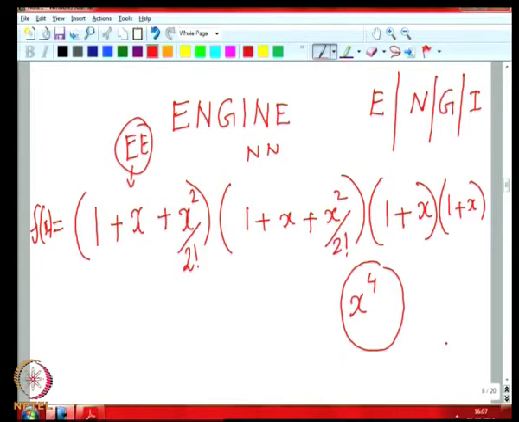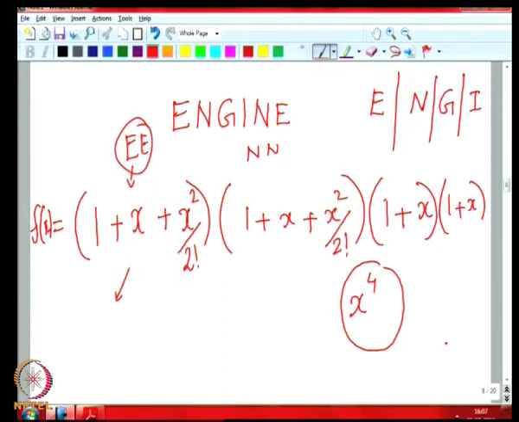So, what are the possible ways to get x raised to 4? Definitely we have to select something from here, something from here, something from here, and something from here to make x raised to 4. For instance, if you take x square by 2 factorial from this thing and x square by 2 factorial from here, then you have to take 1 and 1 from here, because x square plus x square is already x raised to 4, right.